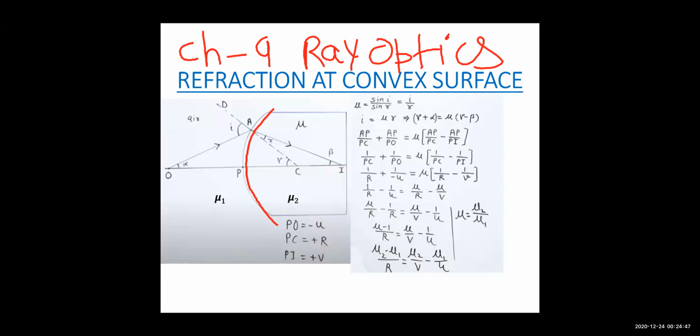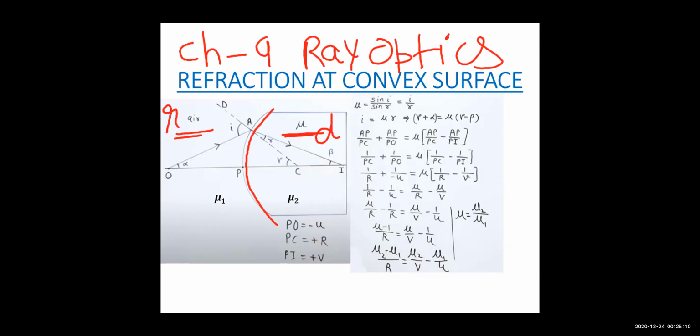Now, this is a boundary, the interface between two media. Here the media is air, and the refractive index of air is 1, and here the media has the refractive index mu. So air is the rarer medium and mu is the denser medium.